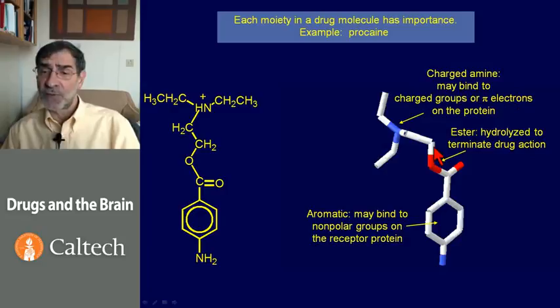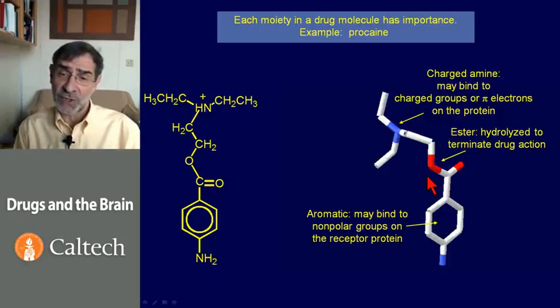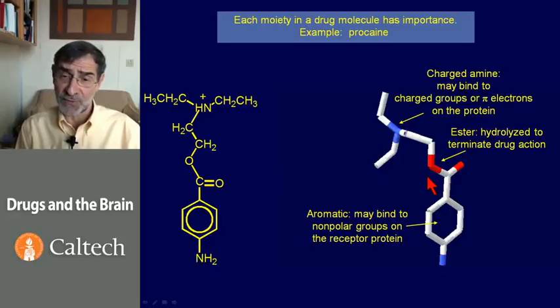This is an ester. We can see the ester moiety, the carbonyl oxygen, the ether oxygen. This ester can be hydrolyzed by enzymes in the body to rapidly terminate drug action. This is important for a local anesthetic like Procaine because we want it to stop acting pretty soon.